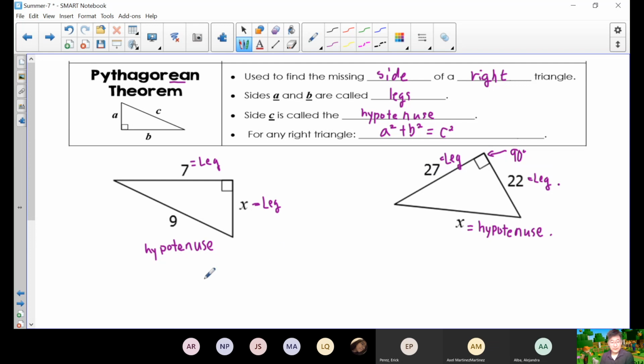Okay, so I set it up: 7 square plus x square equal 9 square, which is 49 plus x square equal 81. So we cross out, minus 49. When you do this, you have 32, right? So x squared equal 32. So x equal square root of 32.